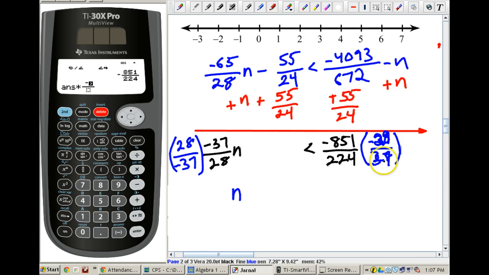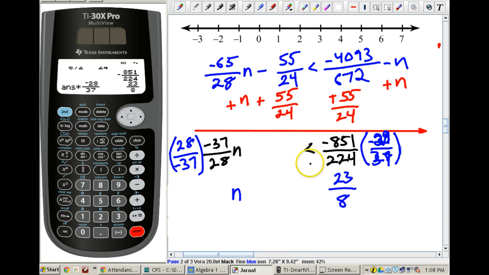Thank you for noticing. Negative 28 over 37. Well, the negative, it's either going to be at the top or the bottom, same thing. Yeah, we're okay there. All right, that comes down to a measly 23 over 8.